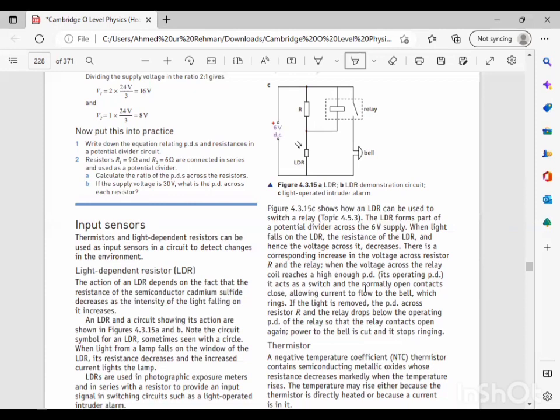Let me show you a simpler diagram of how a relay works.